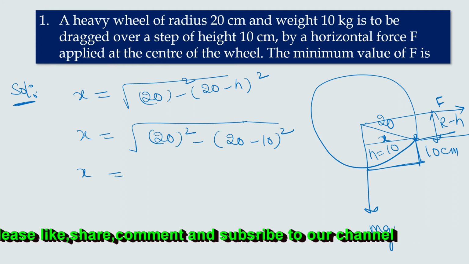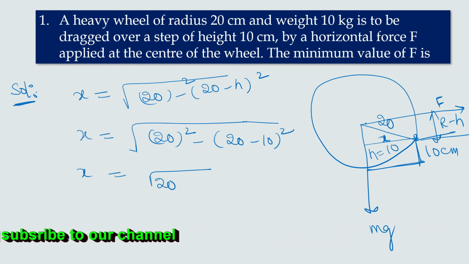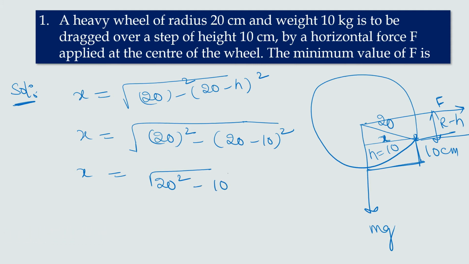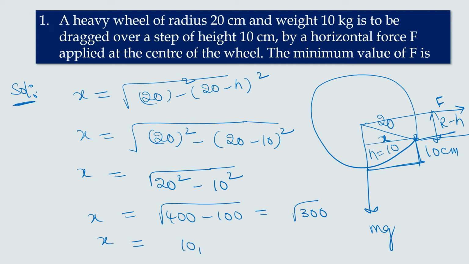So X is equals to 20 square minus 10 square, X is equals to 20 square, nothing but 400, minus 100, that is equals to 300. This can be written as X is equals to 10 root 3, since 100 into 3, root 100 is 10, so 10 root 3.